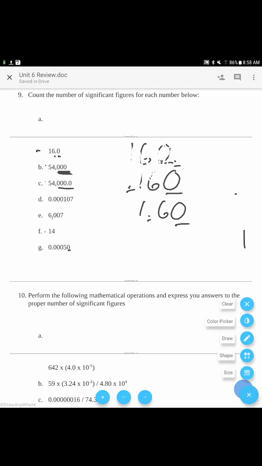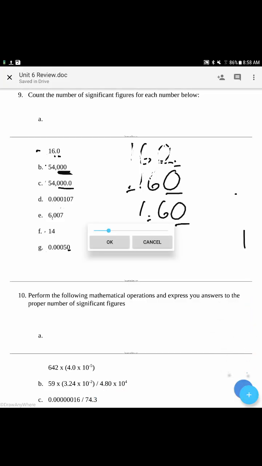Oh, that didn't work. Okay. These zeros here are not significant because there's no decimal.